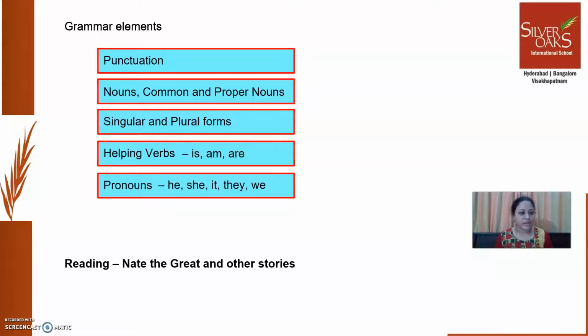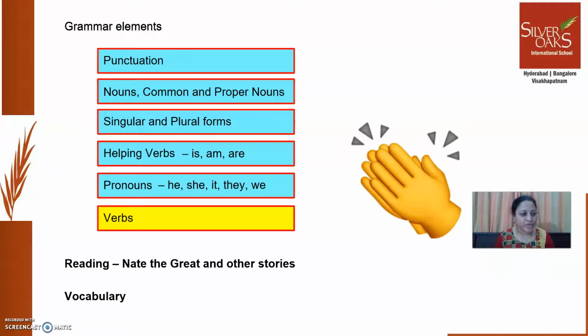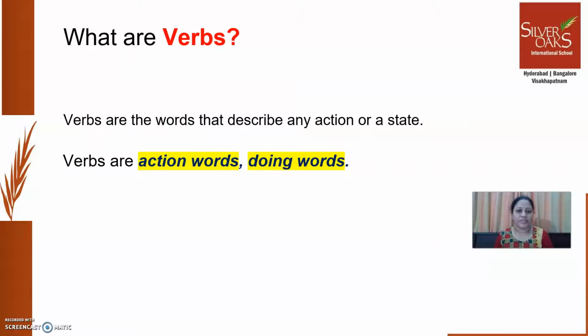And along with these grammar elements, we have also finished reading Ned the Great novel and many other stories, right? And what else? Vocabulary also, we have learnt more than 100 words, right? Reading and a few spellings also we have learnt till now. Very good. So, today, in grammar elements, verbs is the new thing that we are going to learn. Claps to all of you for learning these many things, and let us now see what are verbs.